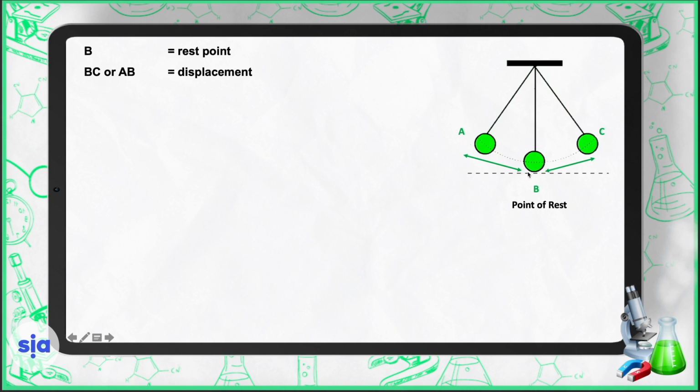To the left till point A, and then to the right till point C. Like this, from A, B to C, and from C, B again to A. Knowing that B is the rest point, the distances AB and BC are the displacement. And the displacement on either side is equal. So this means that AB is equal to BC.